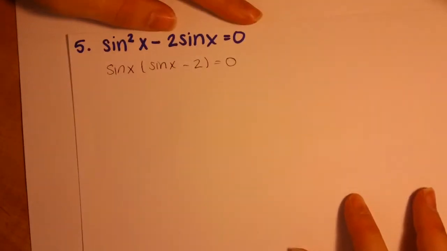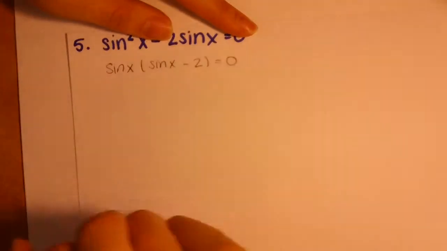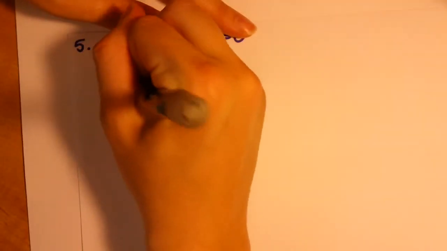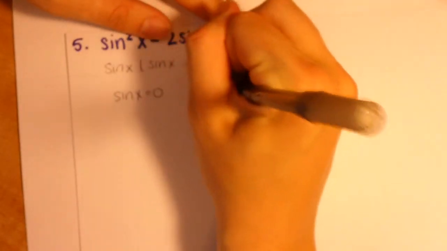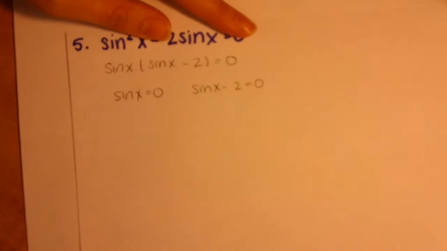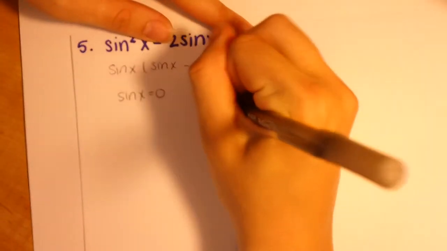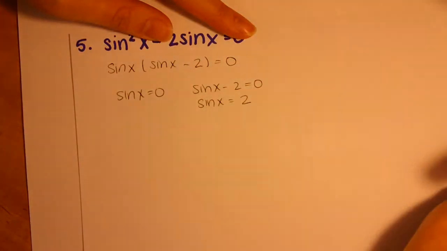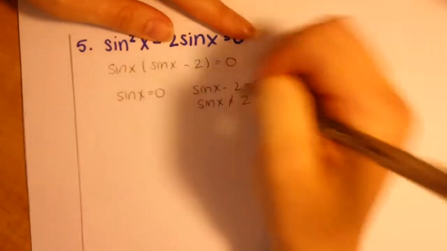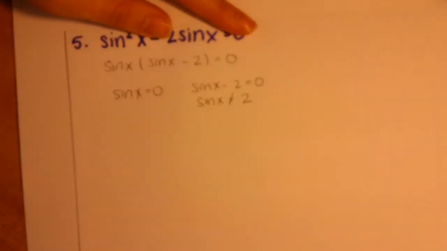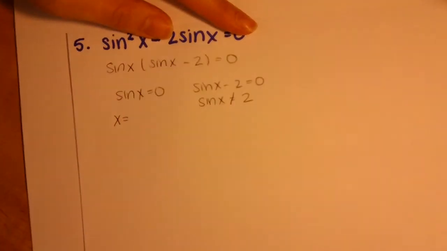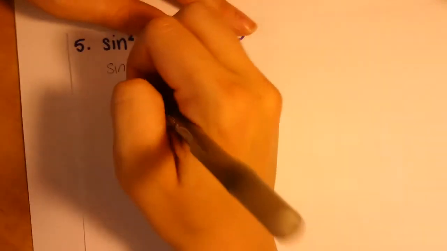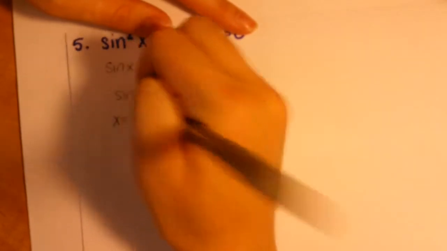Okay, so now we can use our zero product property again. We'll have sine of x equals 0 or sine of x minus 2 equals 0. We'll solve over here. Sine of x equals 2. We know sine can never equal 2, so we just leave that one as is. Here, sine is 0 when x is pi or 0.